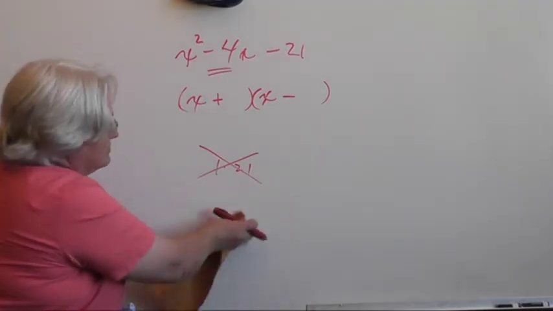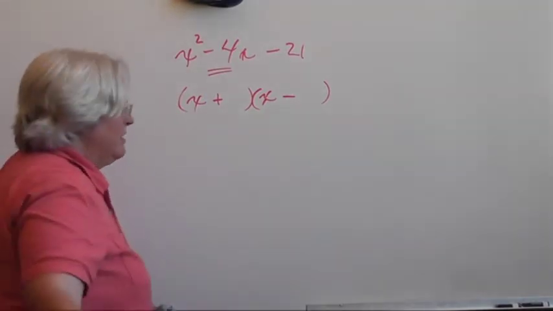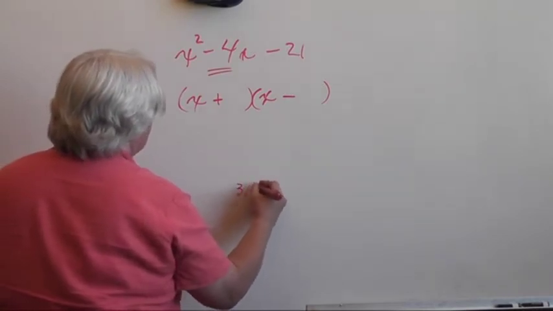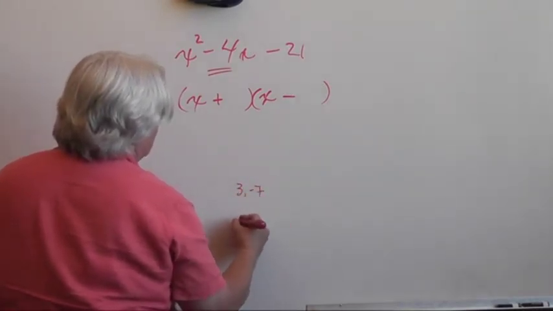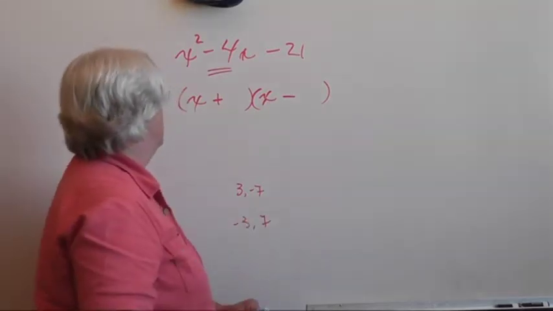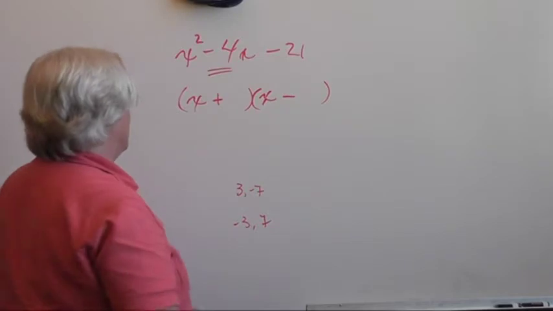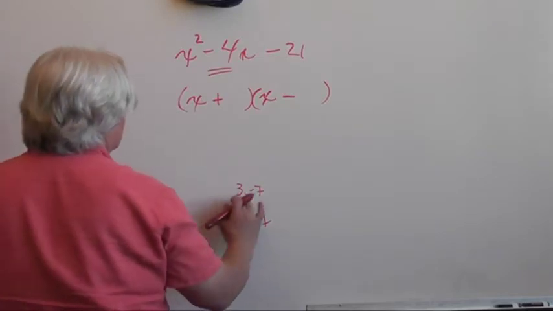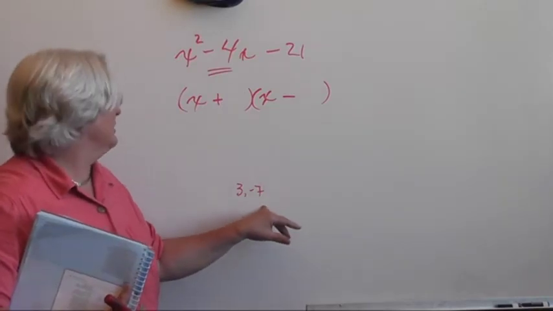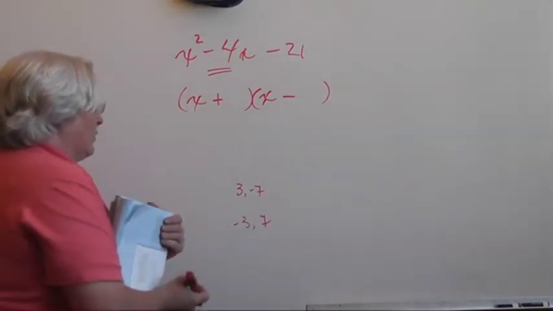So the only other two combinations of possible factors would be +3 times a -7, or -3 times a +7. +3 and a -7, when you add those two together, you get the -4.